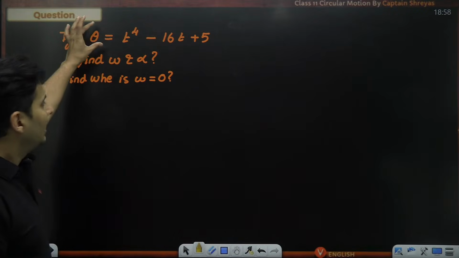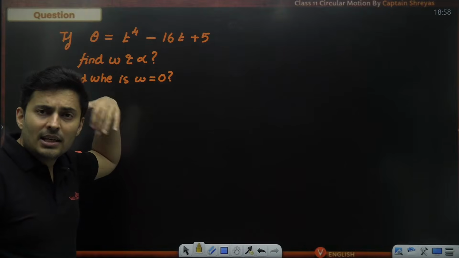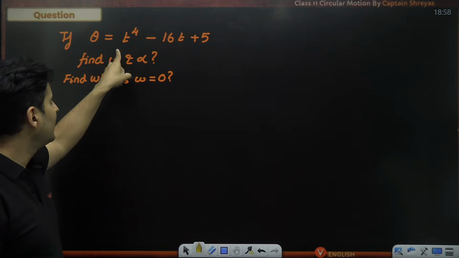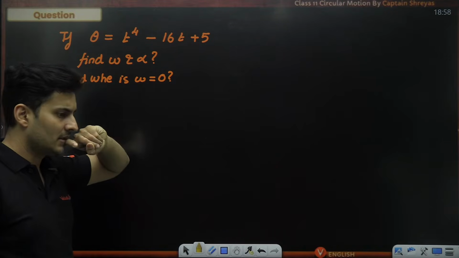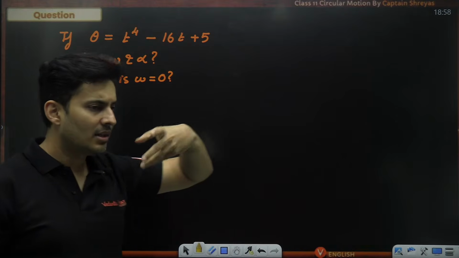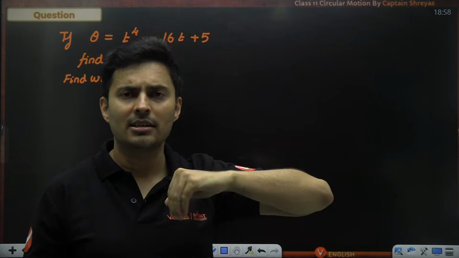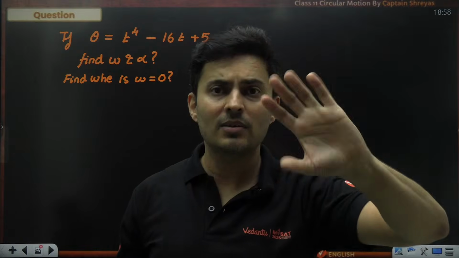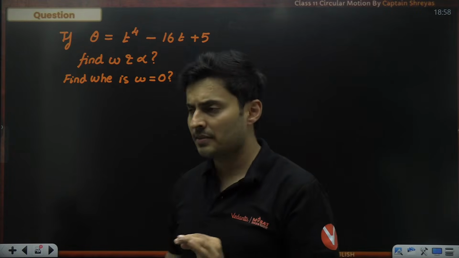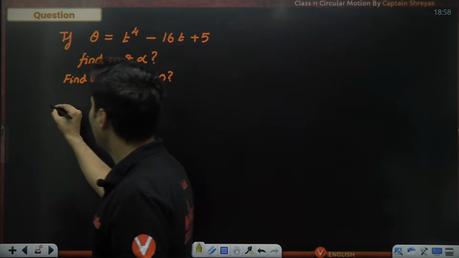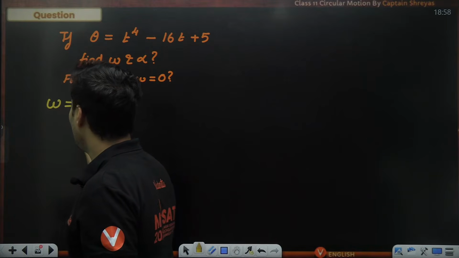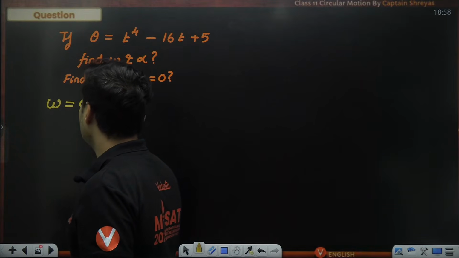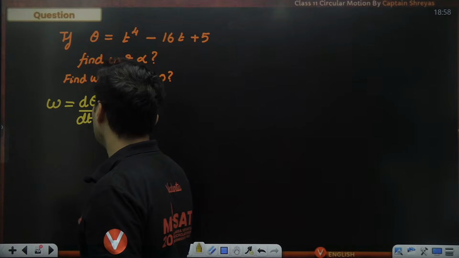First, let's analyze what is given and then let's go to what is asked. Theta is given, omega and alpha is asked. If position is given, velocity and acceleration are asked, it's obvious I have to take the derivative considering it is instantaneous. So for omega, I will have to take the derivative of theta with respect to time.